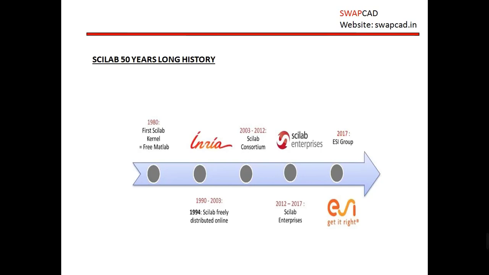Then from 2003 to 2012, a group was created to develop Scilab as it gained momentum. They created a group with Dassault Aviation and many other companies. After that, from 2012 to 2017, they started Scilab Enterprises, and in 2017, the ESI Group bought Scilab, and it is currently maintained and distributed by the ESI Group.